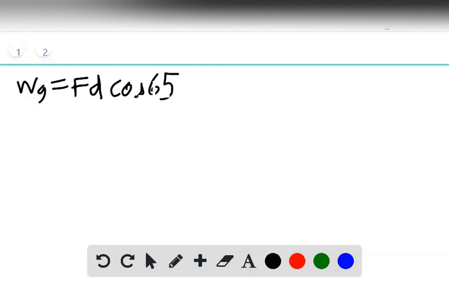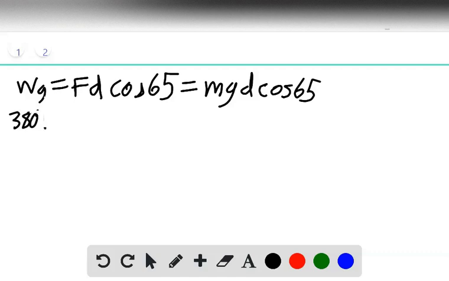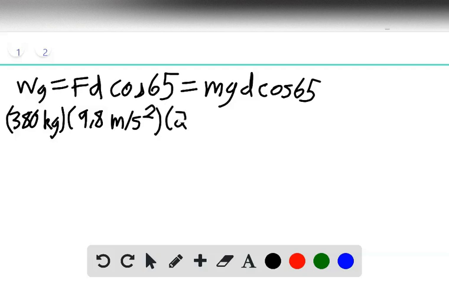And the only thing gravity's pulling is the piano, so you're just going to have mg d cosine 65, because that's what work is. Plug all that in: 380 kilograms, gravity, 9.8 meters per second squared, distance, 2.9 meters.